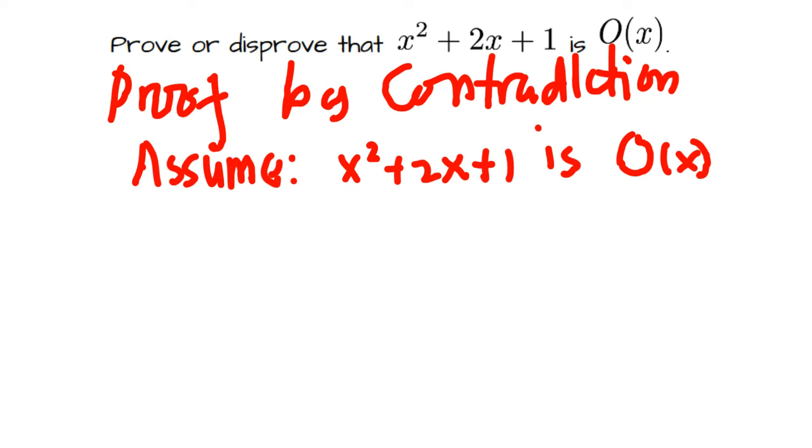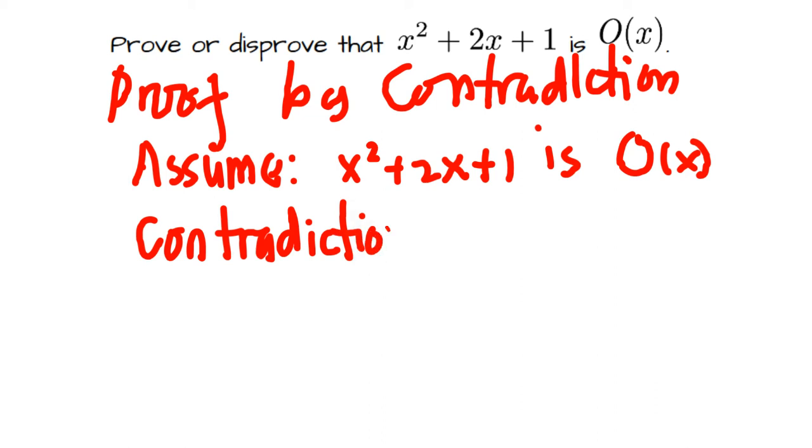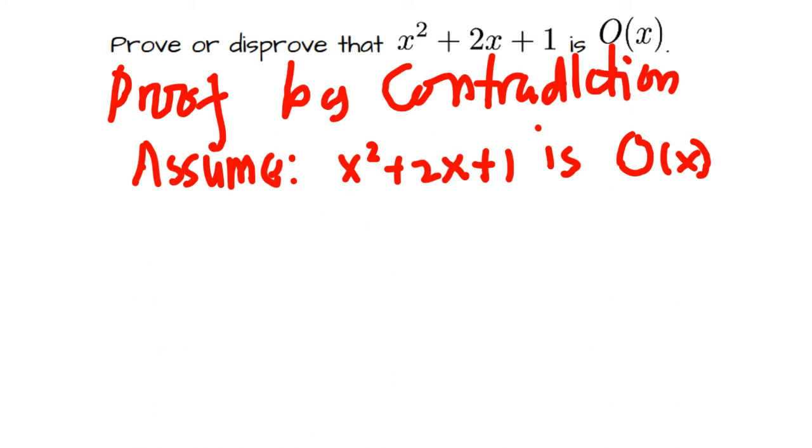Again, this is the assumption, and we are going to prove the negation, because if we have shown that this statement ends up in a contradiction, then the negation of this statement must be true. So what is the contradiction here?